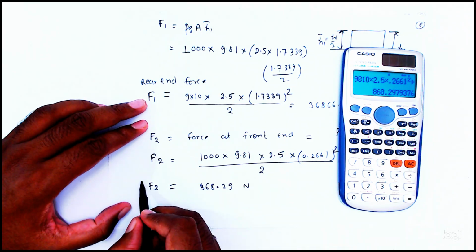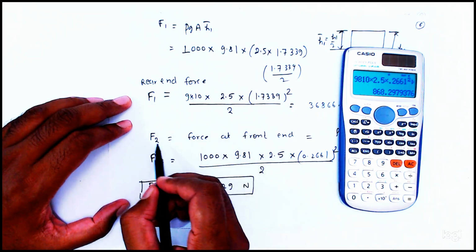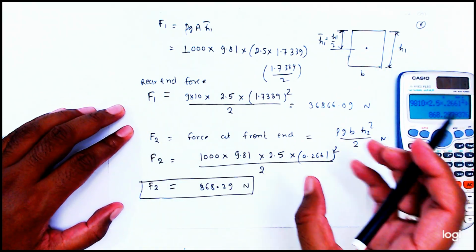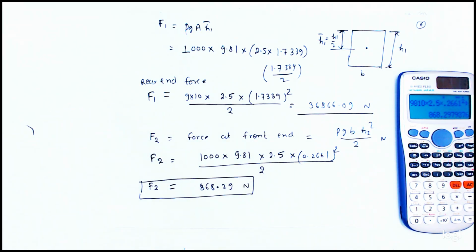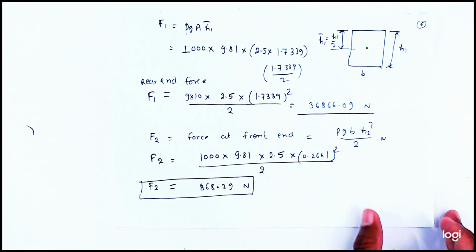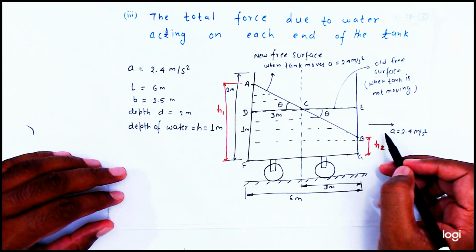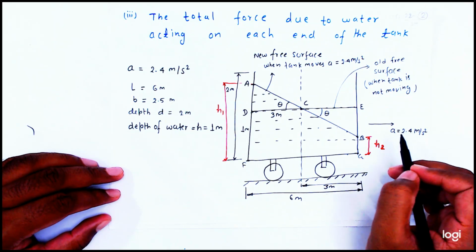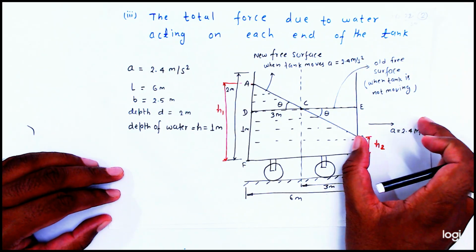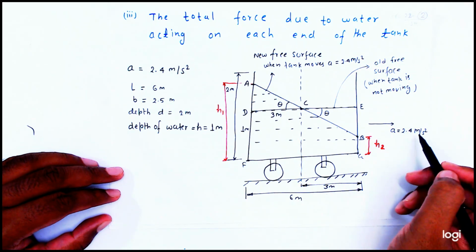Getting, friends? Here the F2 force is equal to this one, and F1 force is equal to how much? This value has come. So what is the accelerating force? Accelerating force is equal to mass into acceleration. So how much force is needed to accelerate with this acceleration 2.4?